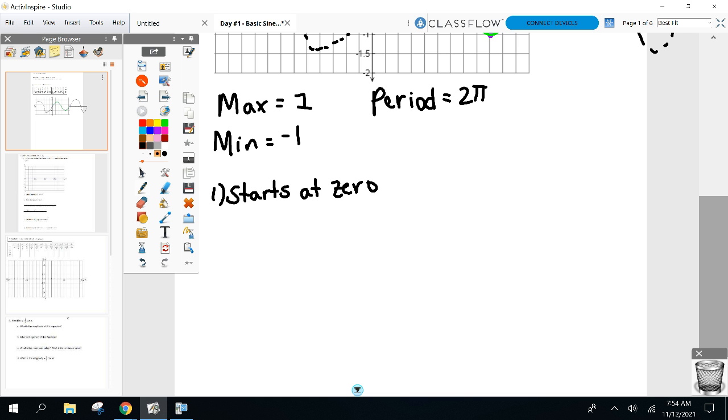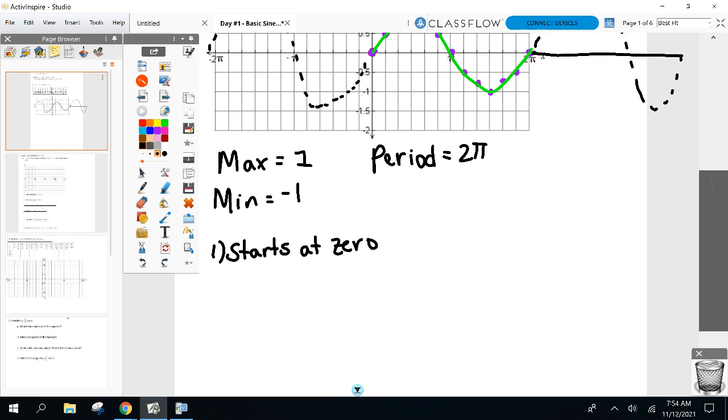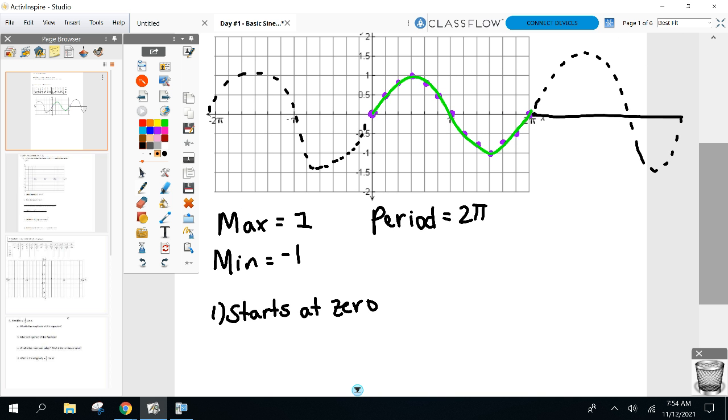Where does it go from there? Started at 0, then it went up to what? 1. What was 1? I don't like to use the number 1, and you'll see why quickly. It went to the max, right? So it starts at 0, goes to the max. Keep telling me where it's going to go here. Starts at 0, goes to the max, then where?